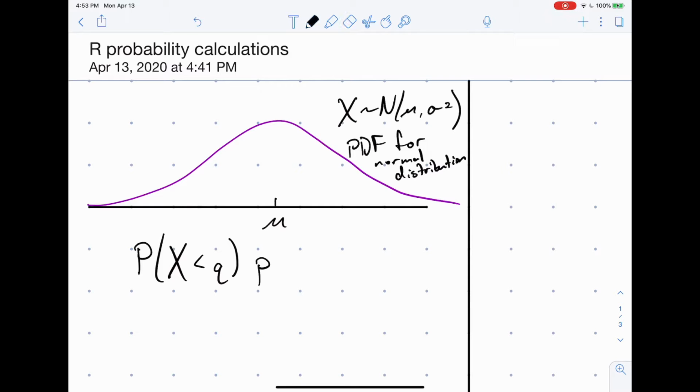You can ask two questions of this. You can say, given q, find p. So the probability that x is less than q is equal to p. This is the CDF, the cumulative distribution function.